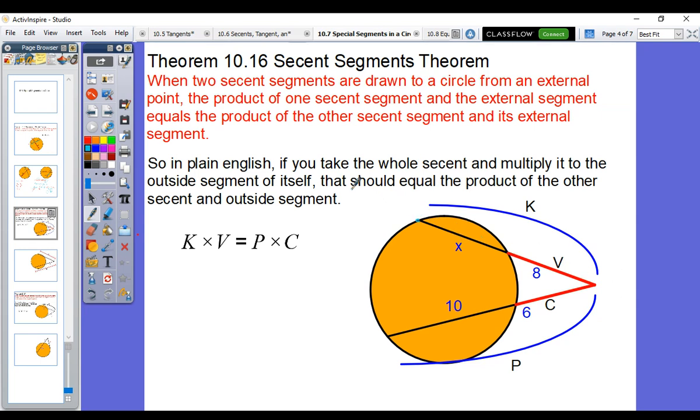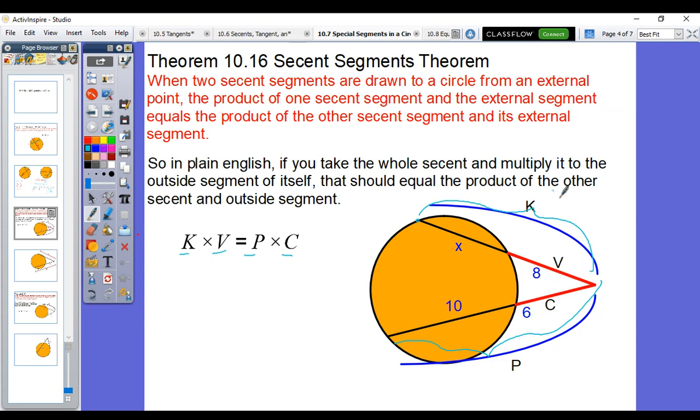The way this one works, the top is the mathematical definition, and here's a little plain English. Each secant is divided into two segments, but we look at the whole thing as a whole. I use the letter K to represent the whole thing right here, and the letter P to represent the whole thing here. These letters will not always be used, they're just letters I picked, so don't get confused.